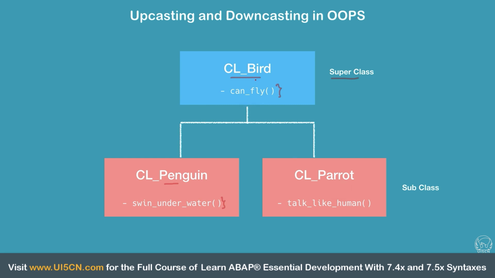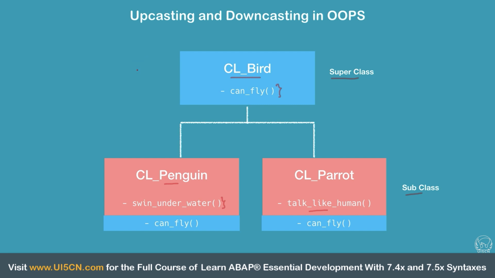There is one more class inheriting from the bird, which is CL_parrot, and the parrot can talk like a human, so we have a method here, talk like human. So that is the structure, and CL_penguin and CL_parrot are subclasses inheriting from CL_bird. Because these two classes are inheriting, they will also have access to the canFly method of CL_bird.